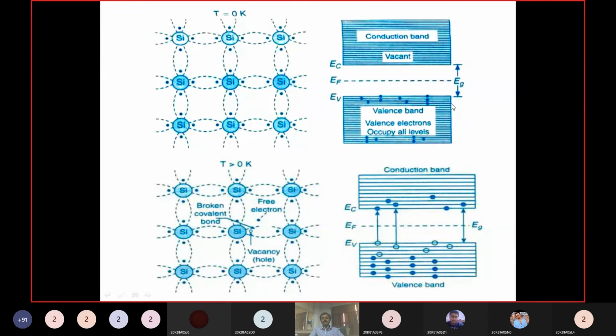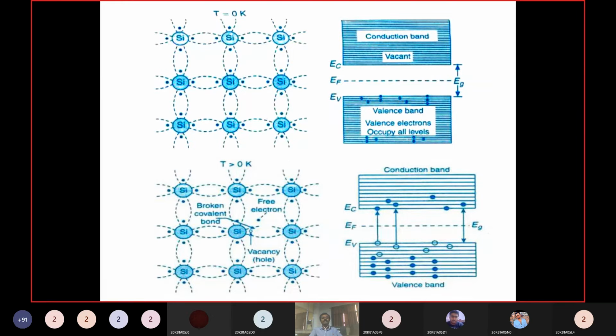That means in semiconductors, the energy gap is less than 3 electron volts. If the energy gap between the valency band and conduction band is greater than 3 electron volts, we call it an insulator.